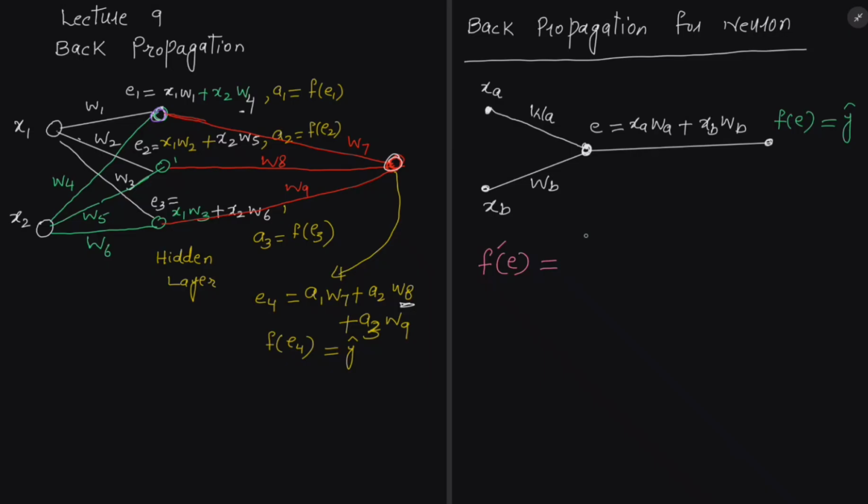F dash E, we take a derivative of our output. Remember that this is the output of two input neurons. This is a very simplistic model.